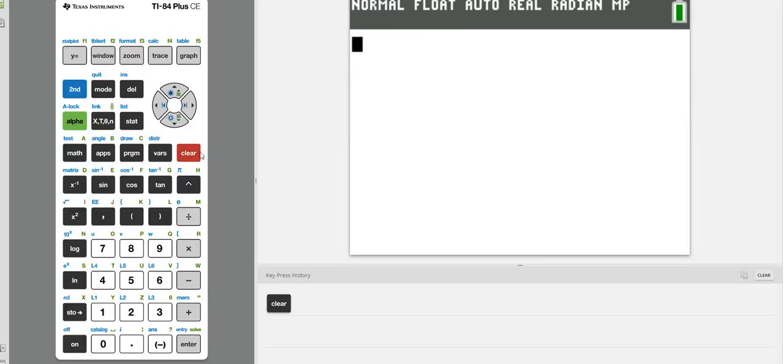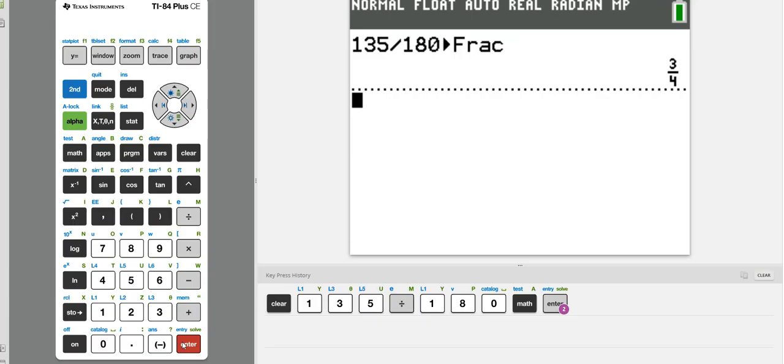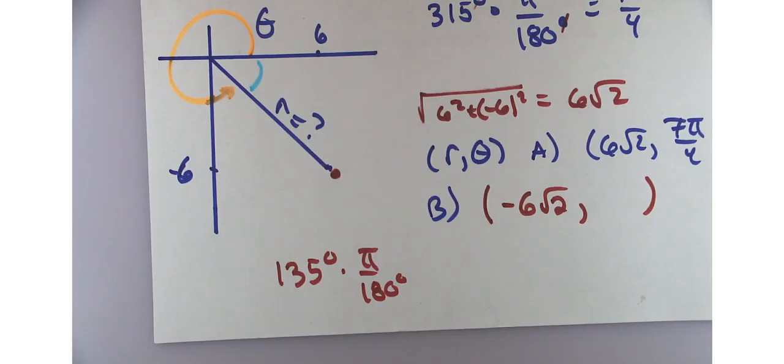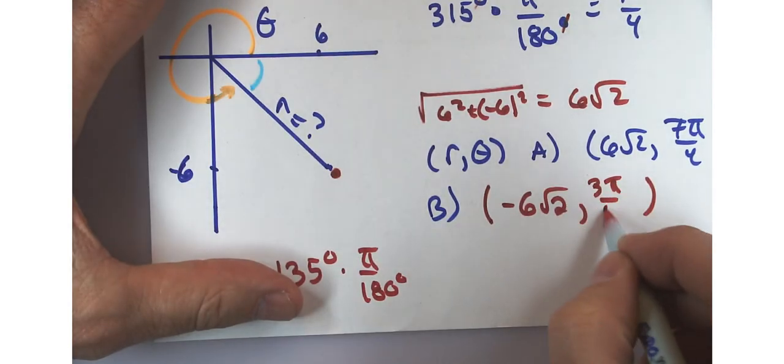There we go. So I'll just do the 135 divided by 180. I'm not even going to get a decimal first. I'm just going to start by hitting the math key and go answer the fraction. It should give me that fraction in lowest terms. Great, there it is. So 3/4. Overall, my answer is going to be 3/4 pi. And we're done.